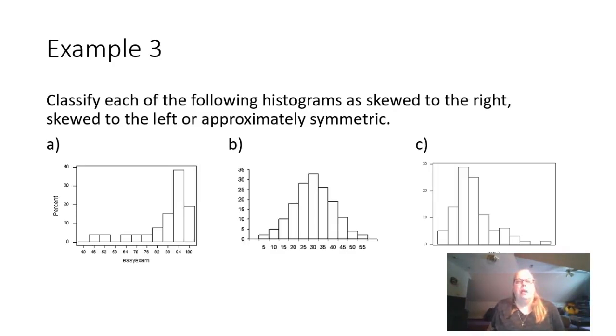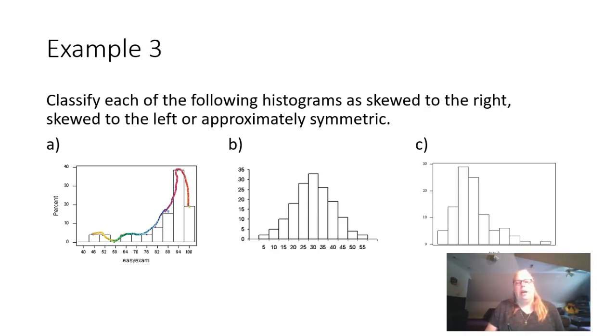Example 3. Classify each of the following histograms as skewed to the right, skewed to the left, or approximately symmetric. Let's look at part A. If we imagine the midpoints here in each of these rectangles, and then we wanted to draw a curve that connected those midpoints, it would look something like this.